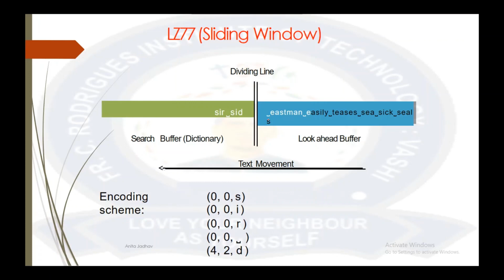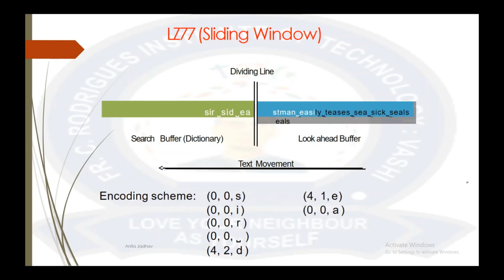Now what do you have? Space. Do you have space here? Yes. So 1, 2, 3, 4. So now you will write 4, one letter has been matched, 1, you will write E. Just observe how the string has been coded. S you have at the third position.